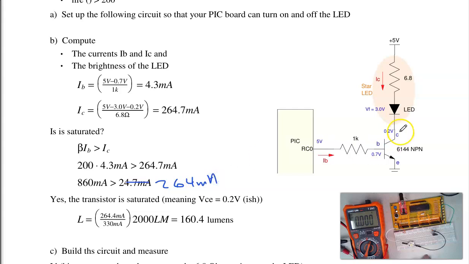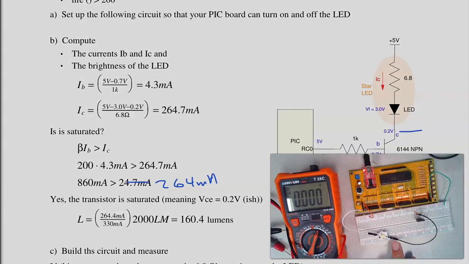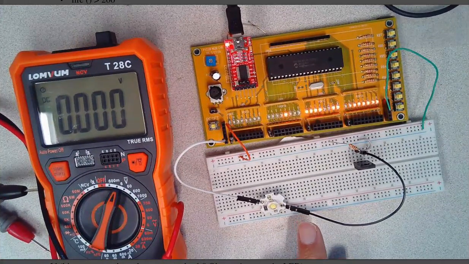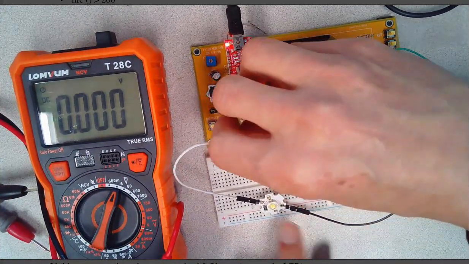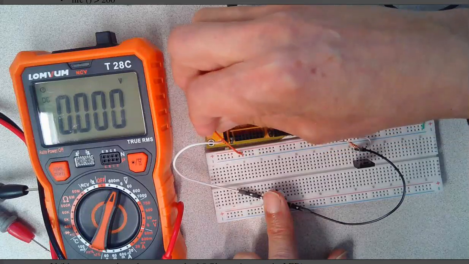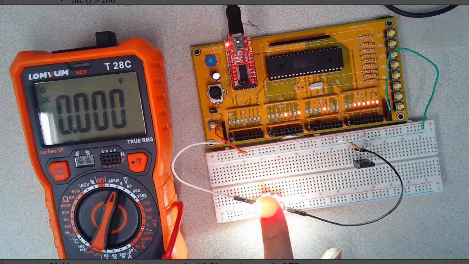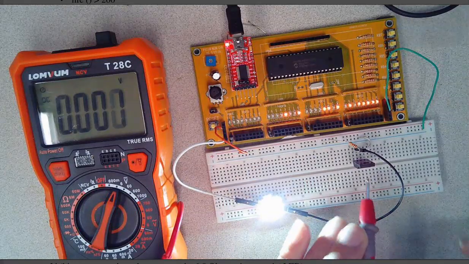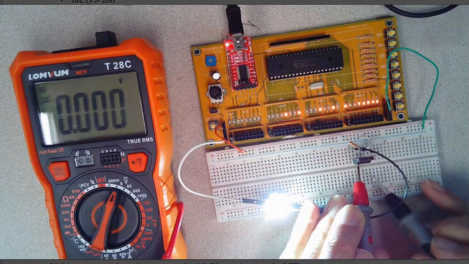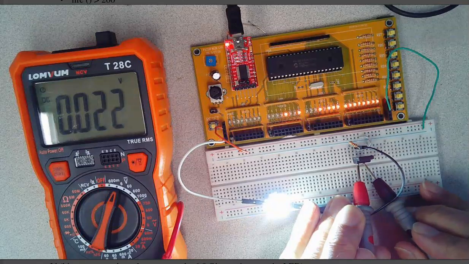That's one way. Another way is to measure the voltage at the collector. So let's do that. So here's my circuit. It's turned on, really, really bright. The middle pin is the collector. This is the emitter. The voltage drop, VCE, is 0.022 volts.